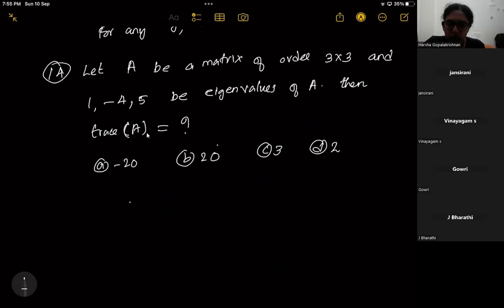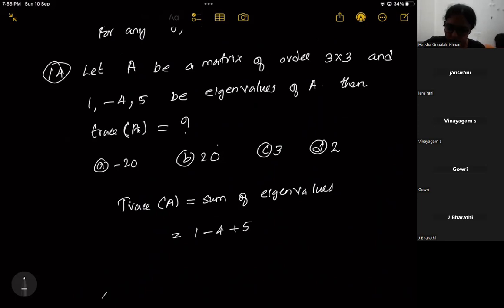So what is the trace of A? Trace of A is the sum of the eigenvalues, which is 1, -4 and 5, equal to 2. So option D is the correct answer.